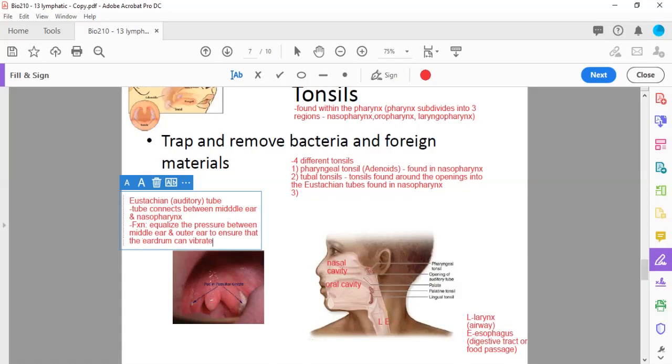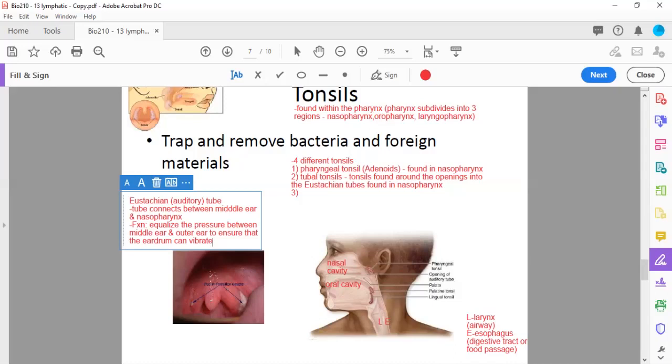So for that reason, they always tell you this: as the airplane is descending and about to land, you always want to chew gum, or just chew gum in general, or swallow. Because when you swallow, the eustachian tube opens, and that allows the pressure between the outer ear and the middle ear to be equalized, which allows the eardrum to vibrate.